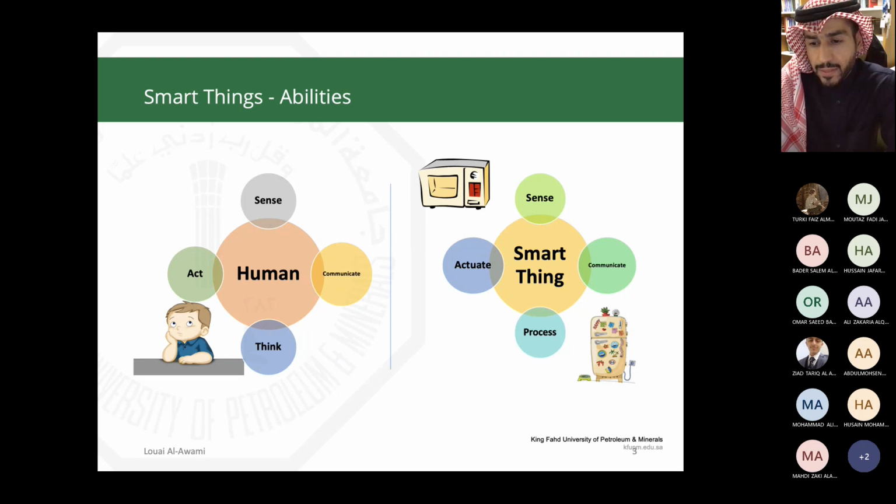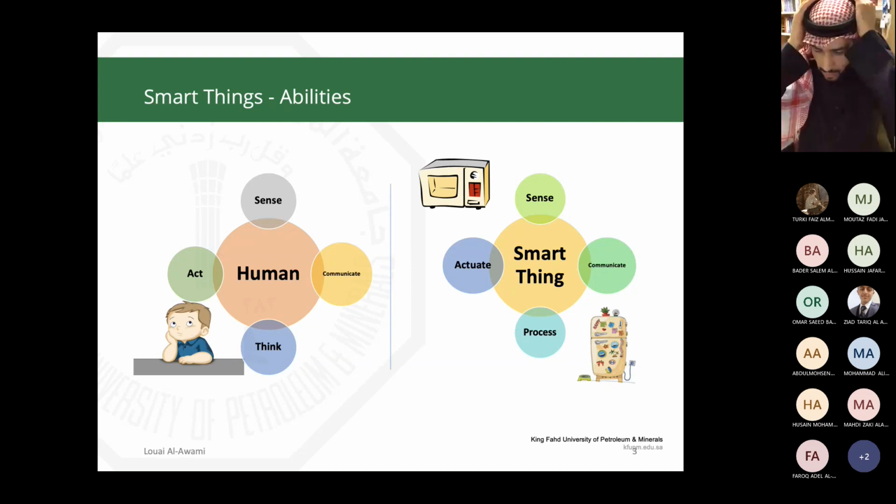And on top of that, the Internet of Things adds the ability for things to communicate. And of course, this opens up a lot of opportunities. So imagine your car or your phone can communicate, or your fridge or oven or any other device can communicate with each other. So an oven can speak to the fridge.